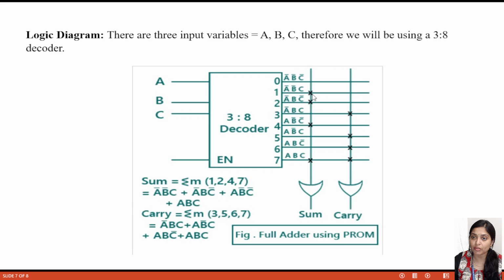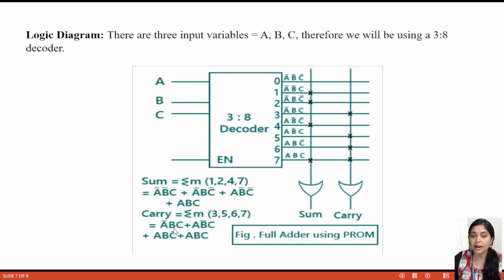So, as I have already said, cross sign means these are connections, and without a cross sign means there is no connection. So there are 1 2 3 4, that means 4 inputs connected to this OR gate, and the output will be sum. Now carry is also the same.